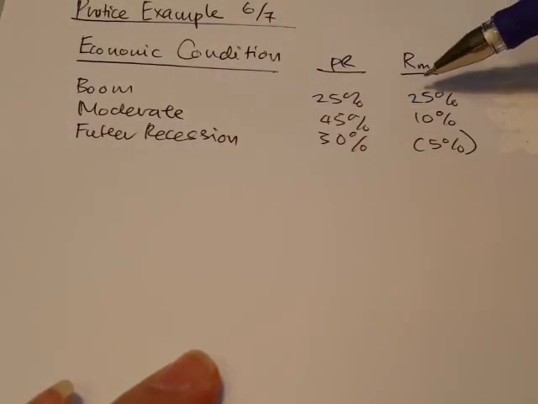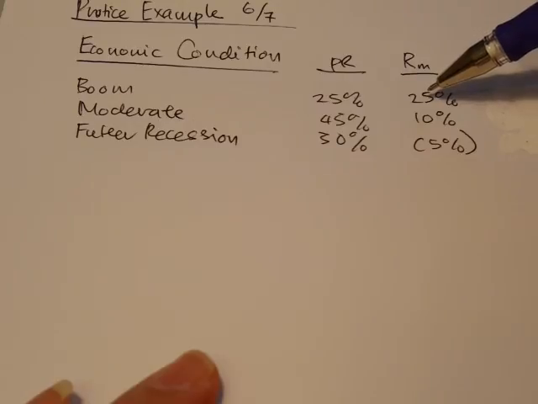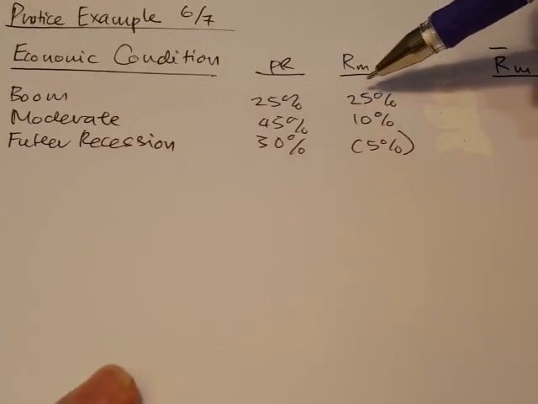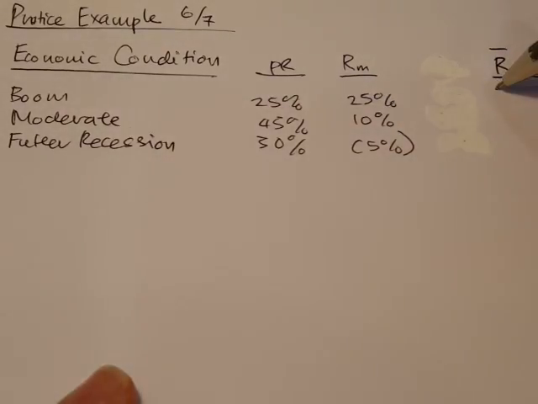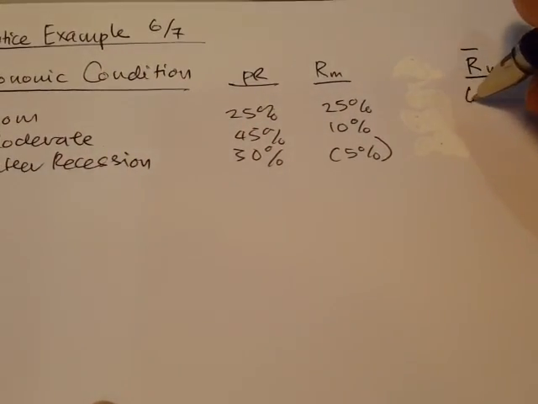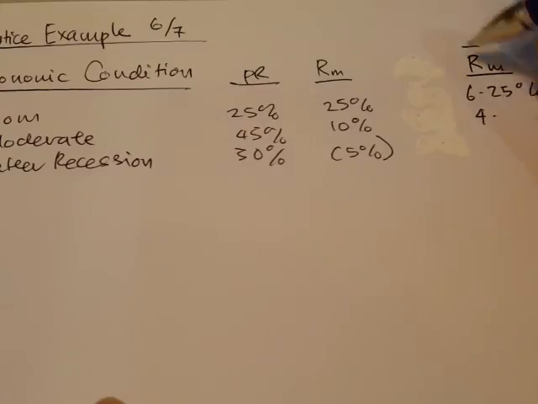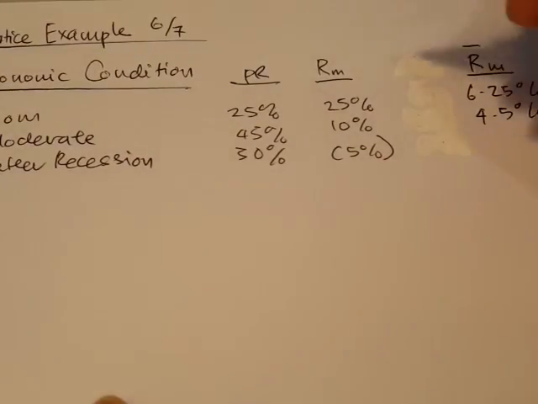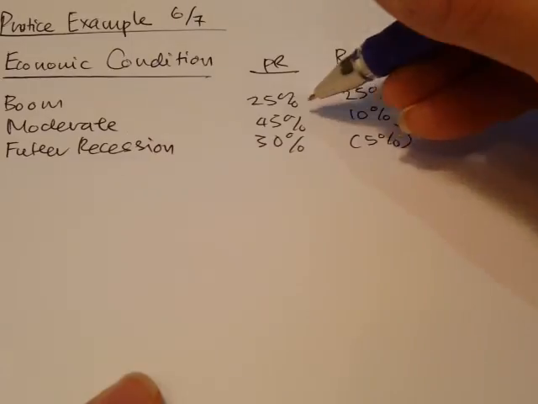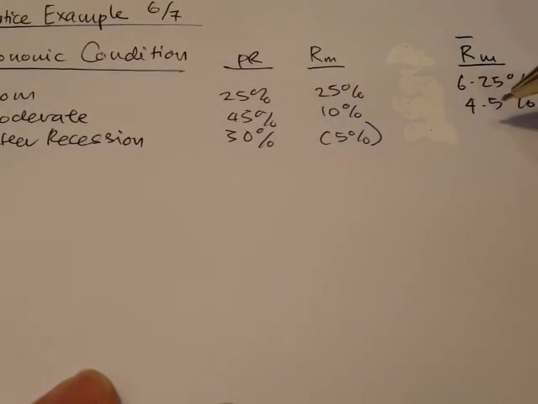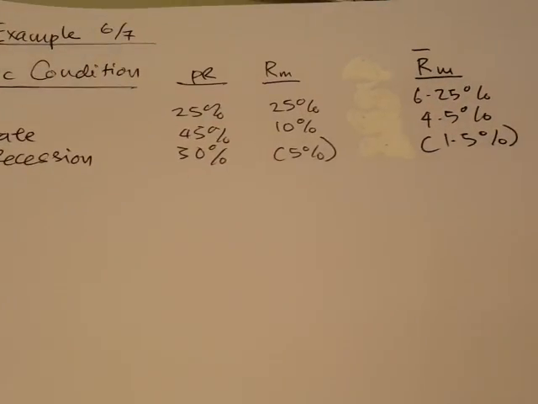So the average return would be 25% chance of this, times this, 6.25%, 4.5%, and there's a negative here, -5 times 30% probability. So 30% chance you're going to get -5%, which is -1.5%.